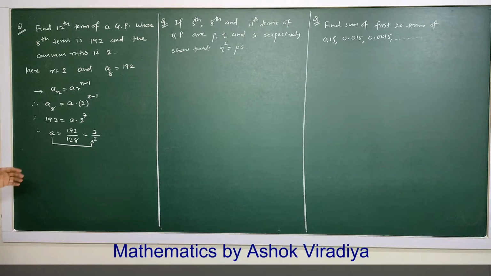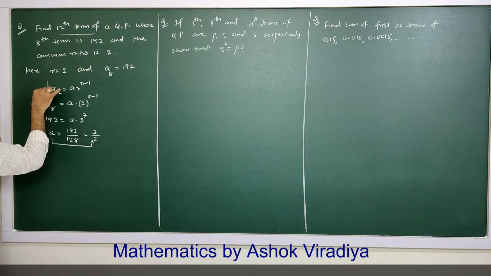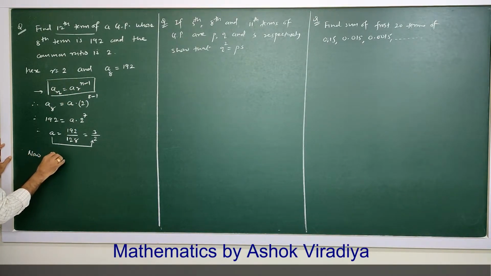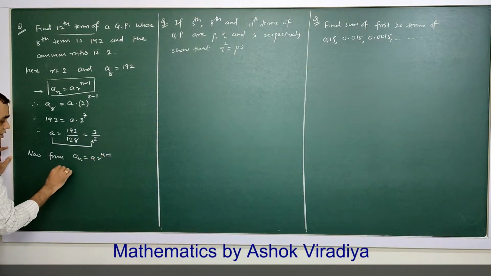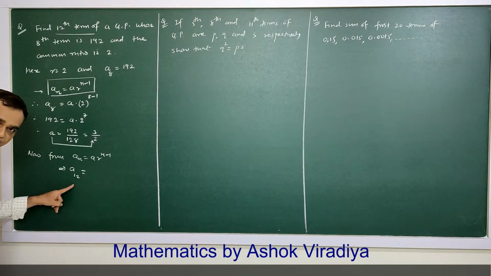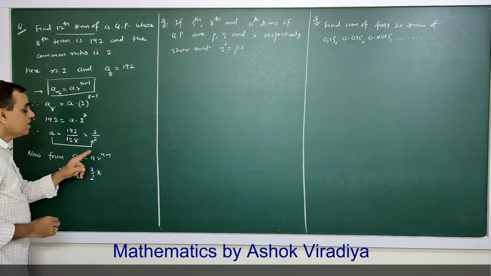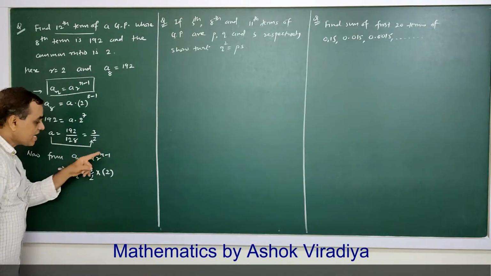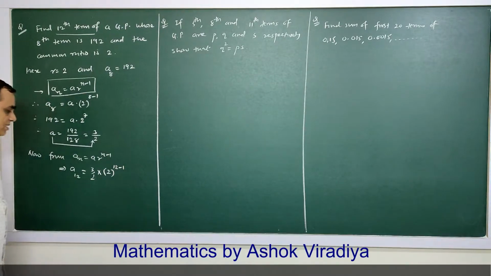Now we want the 12th term. In this formula, nth term equals A into R raised to n minus 1, put n equal to 12. A is 3 by 2, R is 2, n is 12, so 12 minus 1.